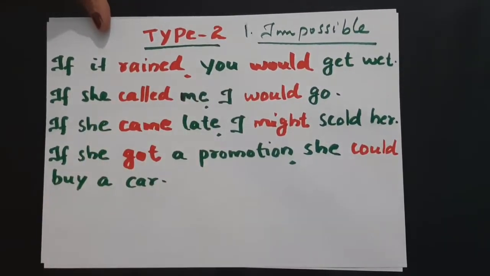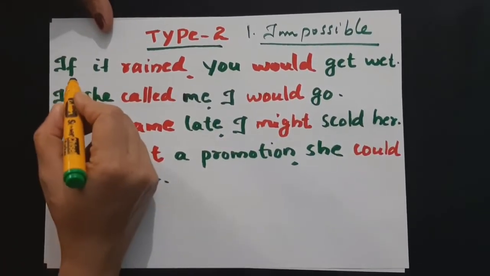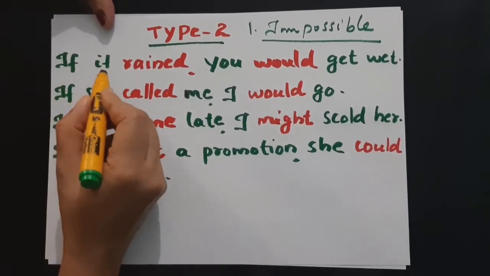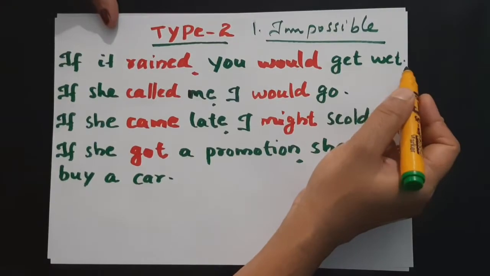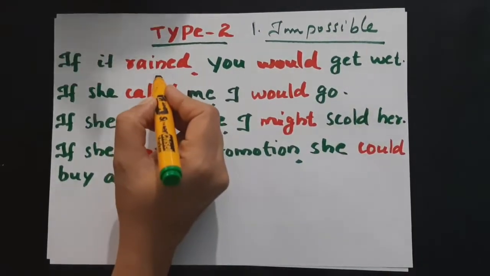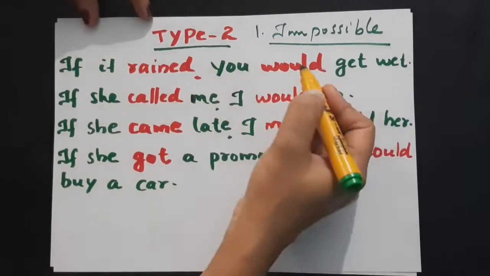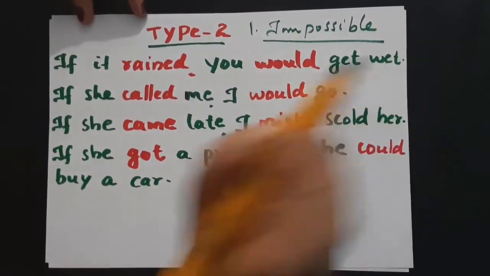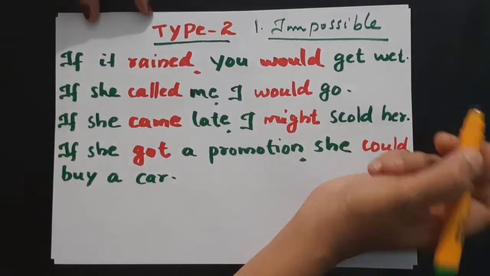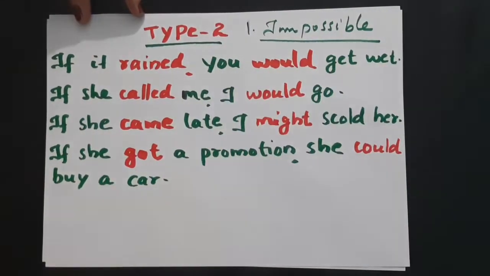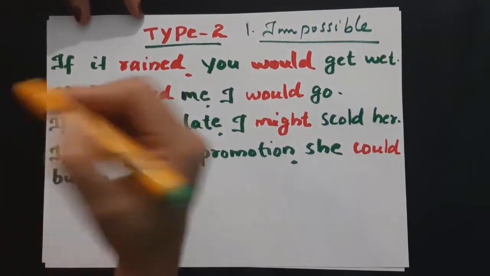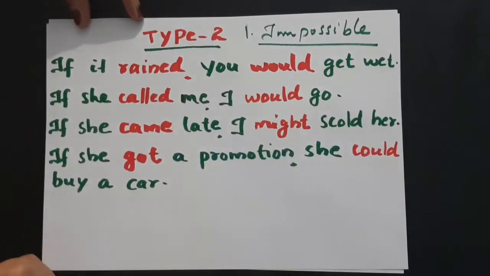Here are all these sentences. Look here. If it rained, you would get wet. It didn't rain and he didn't get wet. Both didn't happen. So we are just telling about an impossible condition. That is, if it rained, you would get wet.